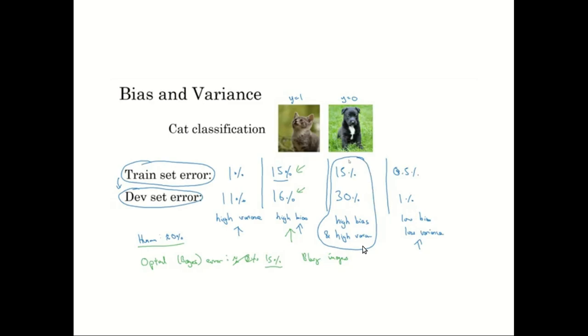If the training error is high and the dev set error is even higher, you say that your model is suffering from high bias and high variance, and we're going to talk about this in the next slide. If both are very low, you say that the model has low bias and low variance.